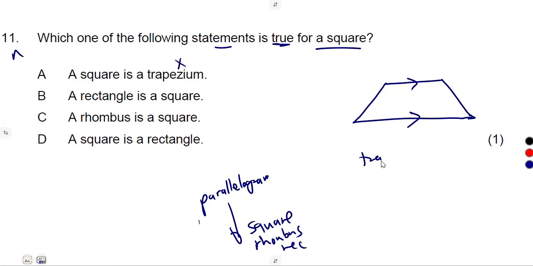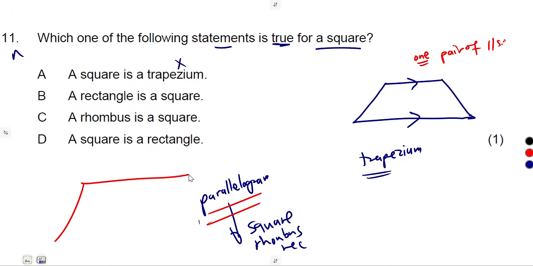A trapezium, it is on its own, it has its own properties, which is one pair of parallel sides. It is only one pair of parallel sides. A parallelogram is going to be two pairs. This, it's a pair parallel, and this here, it's a pair parallel.